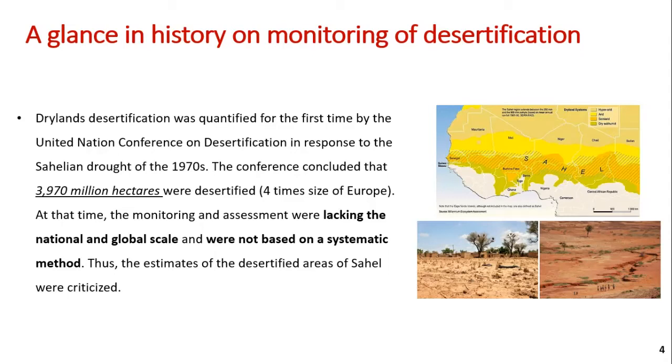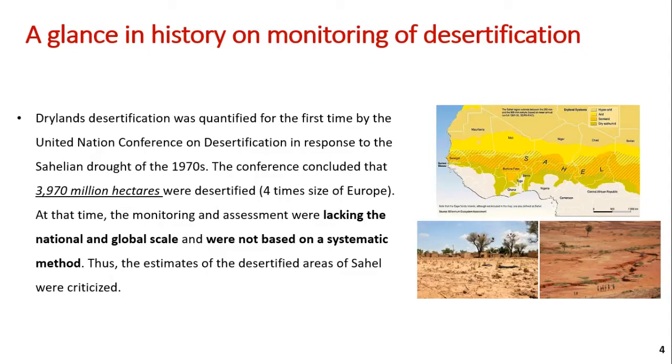But if we look critically at that particular time, we would see that the assessment method was lacking at the national and the global scale. It means that the problem was only identified in Africa, and therefore people in the other countries did not know so much about it.